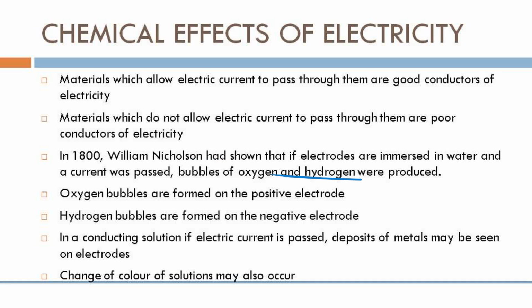Oxygen bubbles are formed on the positive electrode, whereas hydrogen bubbles are formed on the negative electrode. In a conducting solution, if electric current is passed, deposits of material or metal may be seen on electrodes, and a change of color of the solution may also occur.